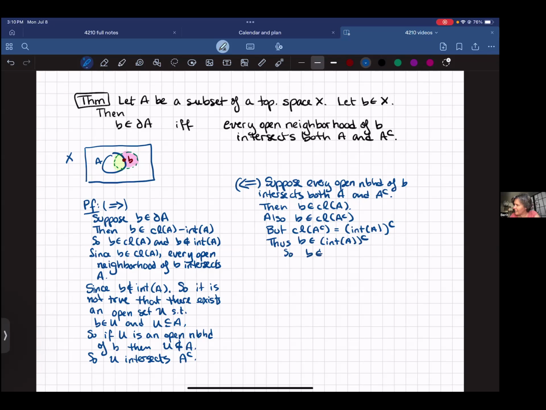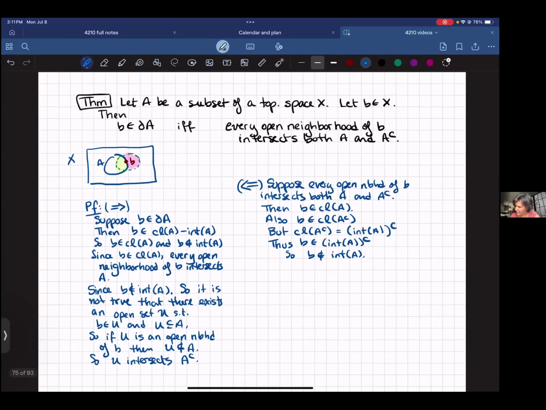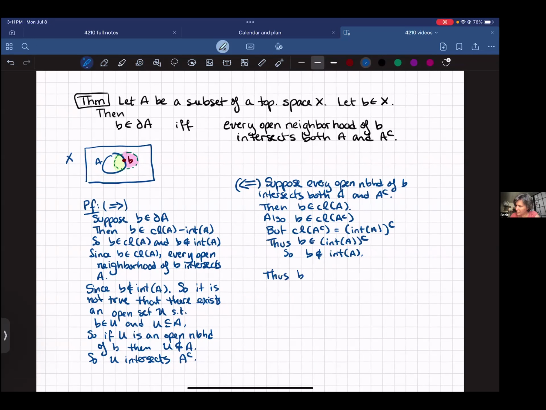So B is not in the interior of A. So B is in the closure of A, but it's not in the interior of A. Thus, B is in the closure of A minus the interior of A. And of course, that's the definition of the boundary.